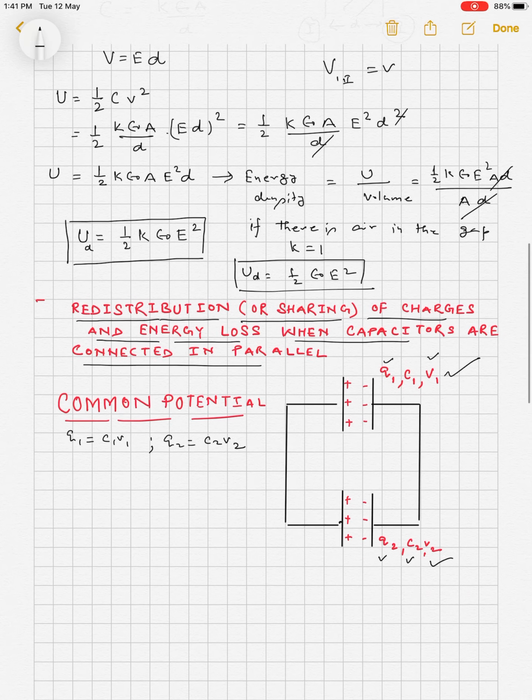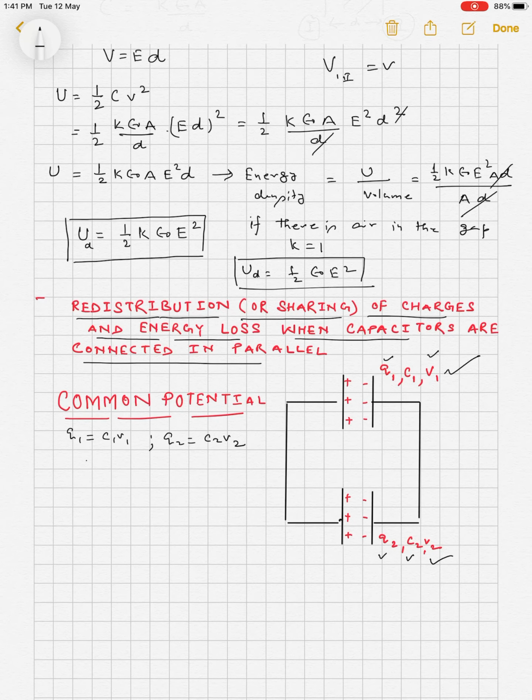So when capacitors are connected, the potential becomes common and the flow of charge stops.